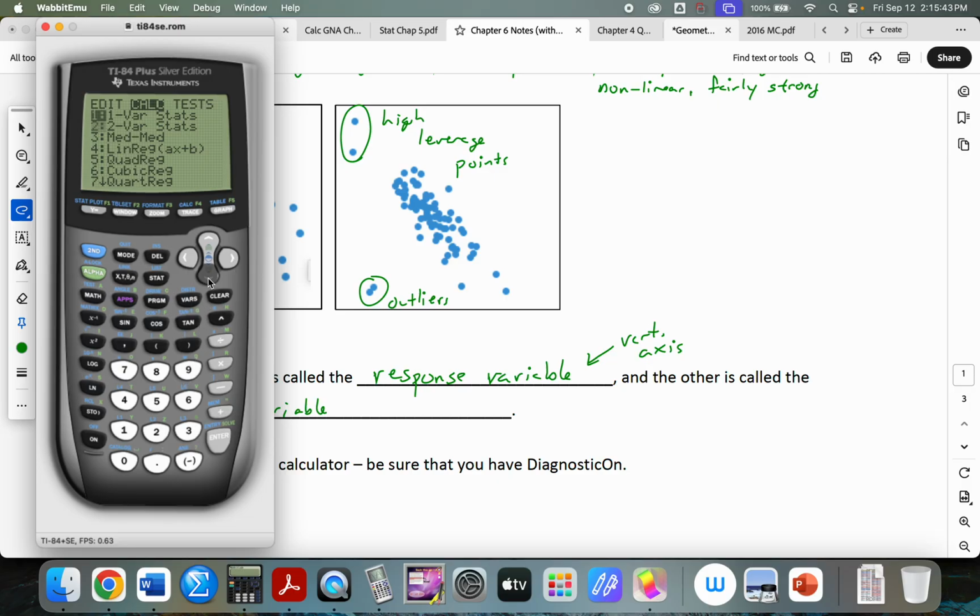Oh, we'll talk more about this next week. We want to do a linear regression. When you have the regression on, it gives you not just the equation, but it also gives you R squared and R. And we'll talk more about what that means next week. Because I want to give back your quizzes right now.